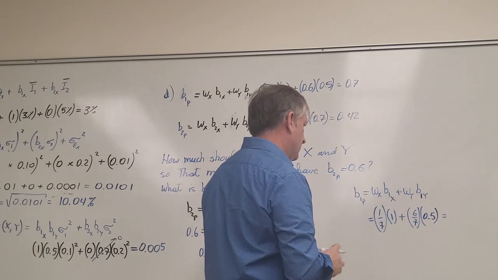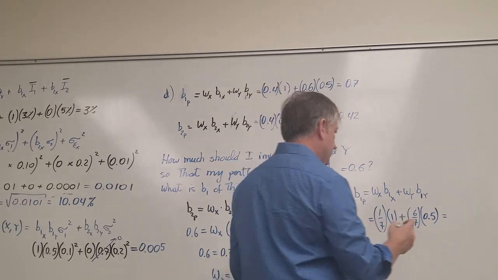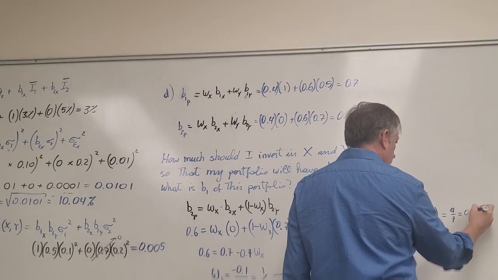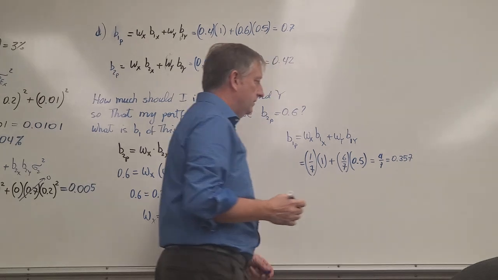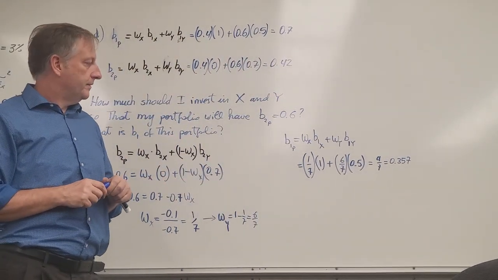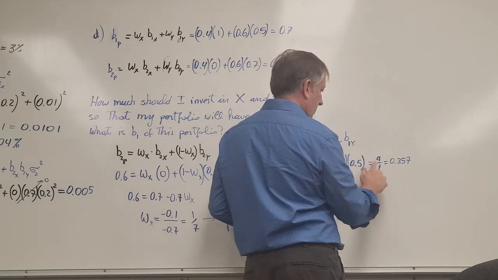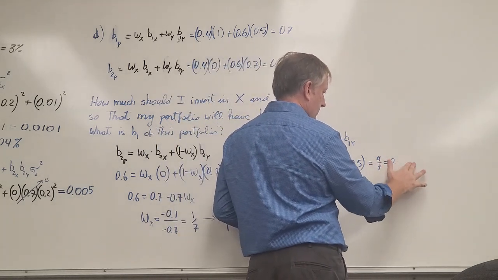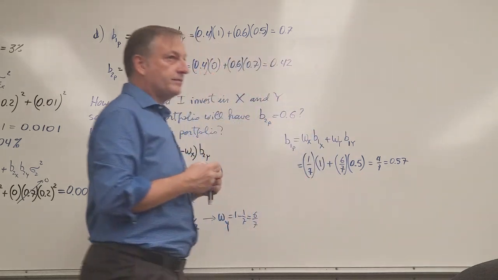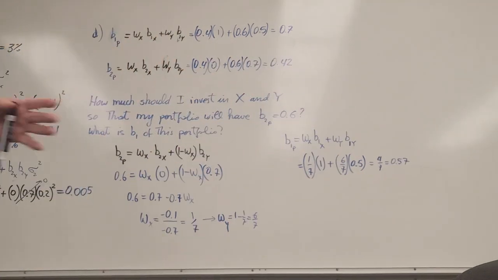So you get 0.57. It should be more than that, 0.357? I got 0.57. Yeah, 0.57.